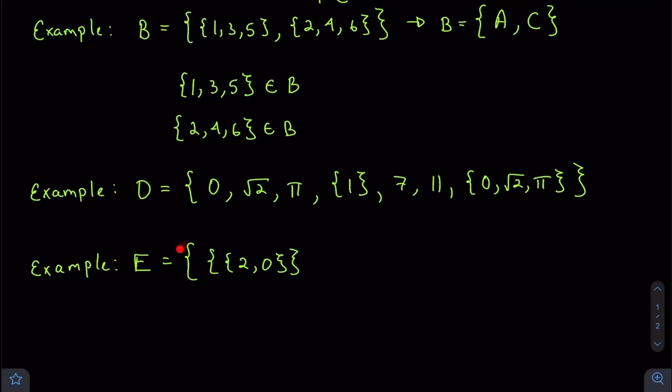But then we have to close set E. So how many objects are in set E? Is it 2, 1, 0, 3? Well, if we count this as a set, then it must be one object in set E. And in fact, there's one object in set E, which is this set, which is an element of set E.